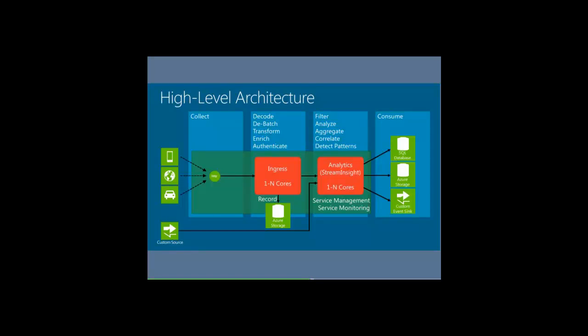But the main aspect, of course, is then the processing, the temporal processing of the streaming data in the StreamInsight engine. And this is what we would call the analytics stage. After the ingress stage, we go into the analytics stage, again scaling out over multiple cores, and now doing all the sophisticated event processing: filtering, analyzing, aggregating data over windows, correlating multiple streams, detecting certain patterns in my stream, like my event A, say, alarm on, has been followed by alarm off within 5 minutes, so I know it's only a transient alarm, so I can ignore it.